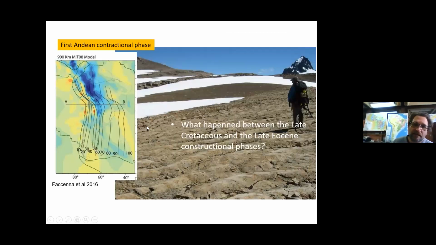After this, the South Atlantic Ocean started to open, and South America started to drive to the west, and this time is associated with the first contractional episode that affected the Andes, which is late early Cretaceous to late Cretaceous in age. And all the depocenters that we have described are inverted during this time.